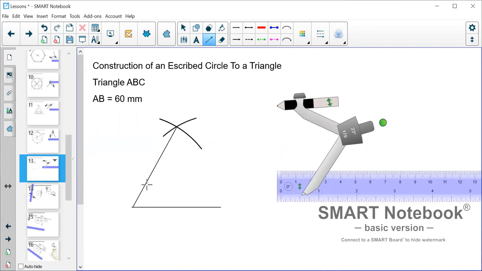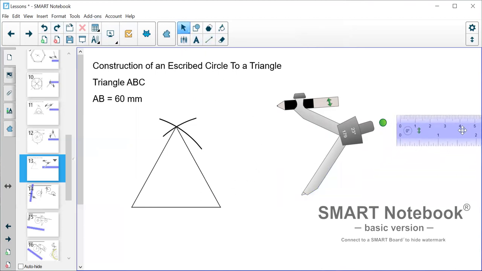So we are constructing the triangle whose sides are 60 mm each. Good, so that's the triangle.